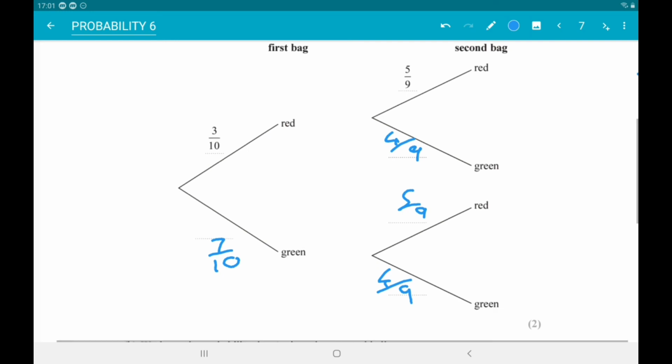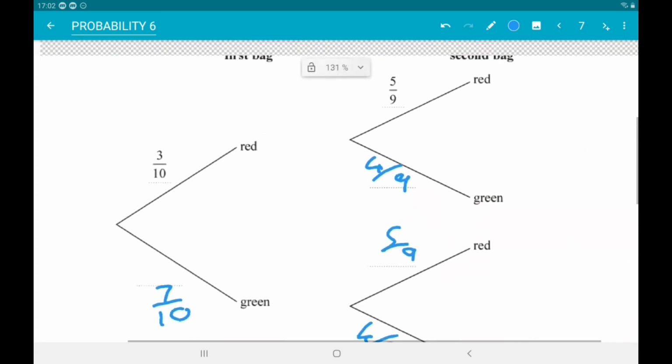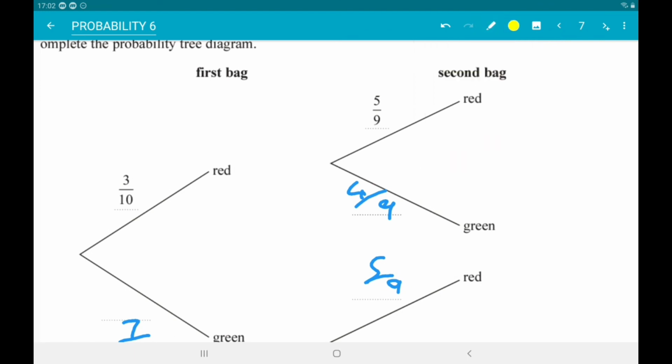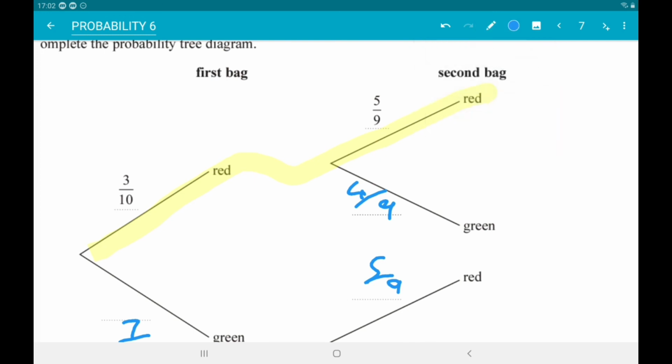Okay, then part B wants us to work out the probability she takes 2 reds. Alright, so the path we want is red, red. So again, we multiply along the branches.